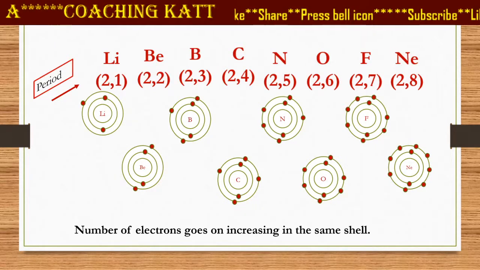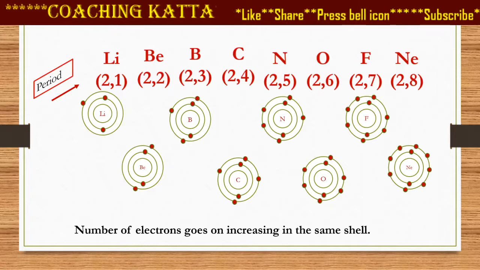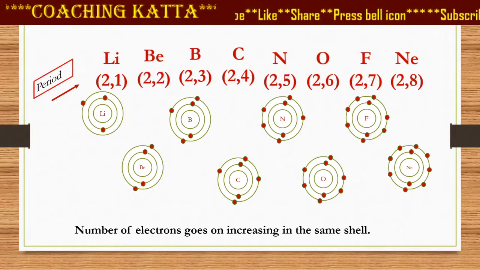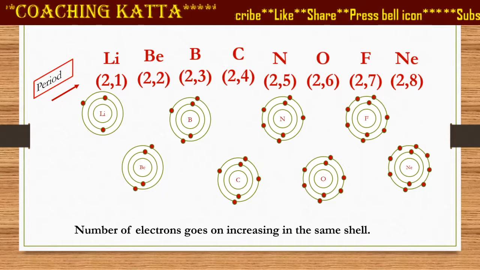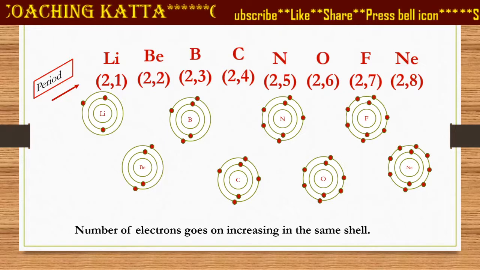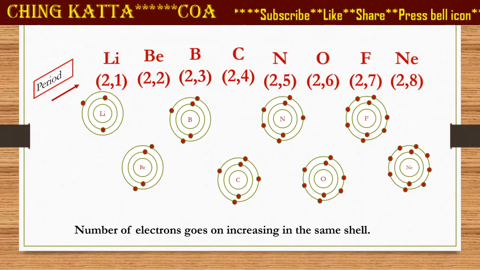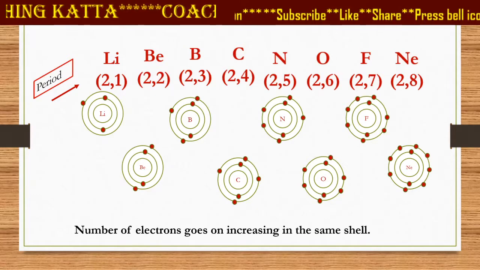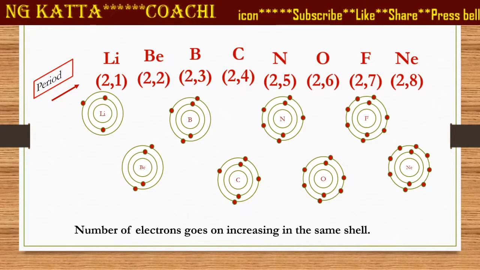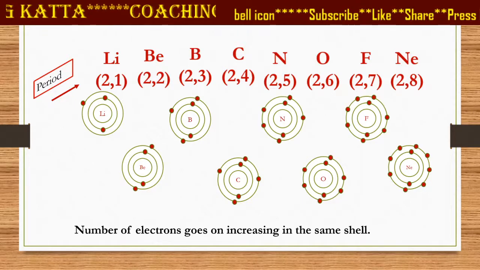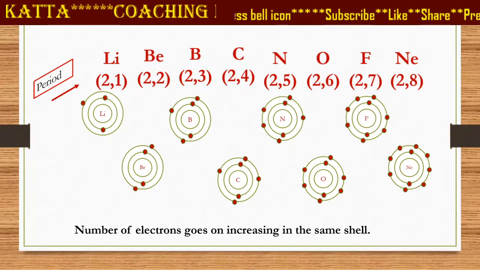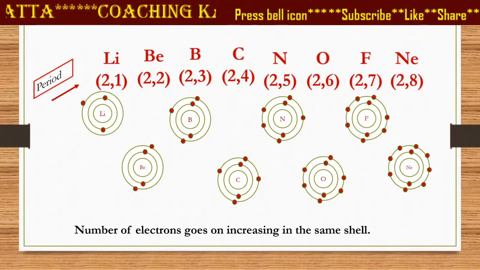For example, lithium has 1 valence electron, beryllium has 2 valence electrons, boron has 3 valence electrons, carbon has 4 valence electrons, and so on. That is, the number of valence electrons goes on increasing in the same shell.